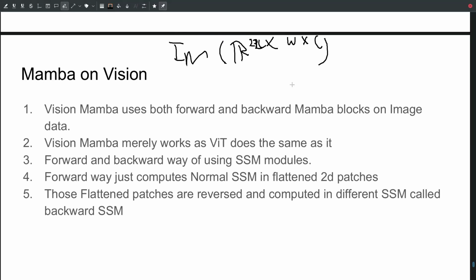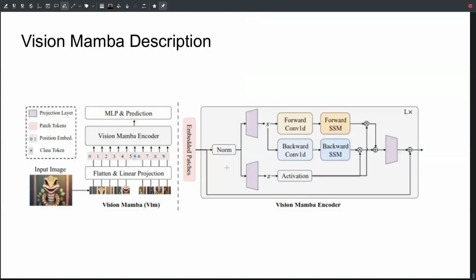But in Vision Mamba, they came with a BERT-like approach. So you patch up and apply a convolution with a dimension of, let us say, 768, and convert it into a one-layered vector with the dimension we need, and you use a tokenized way of applying transformers.